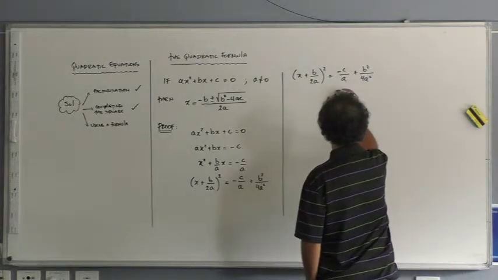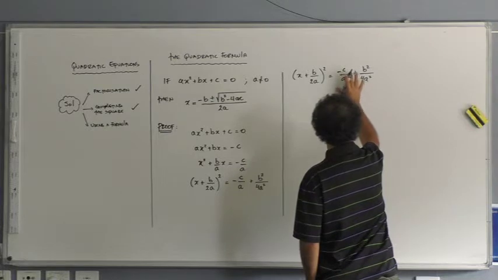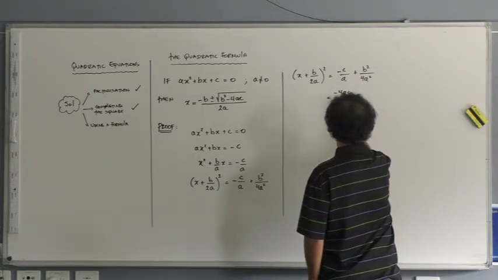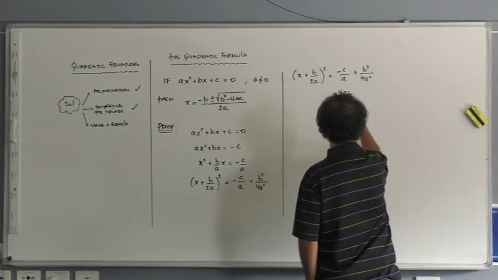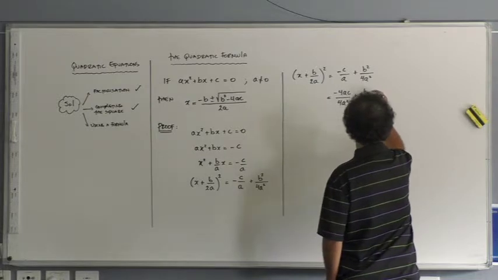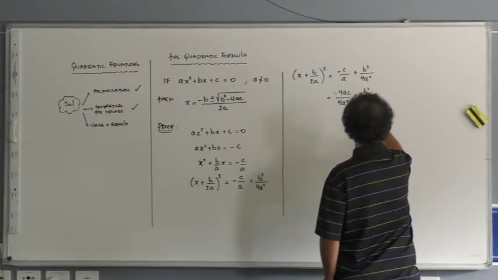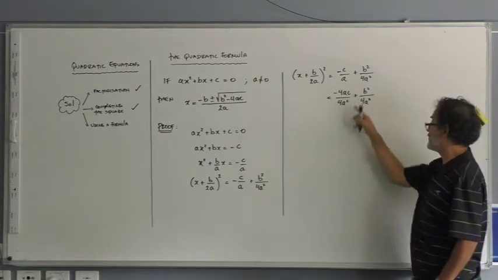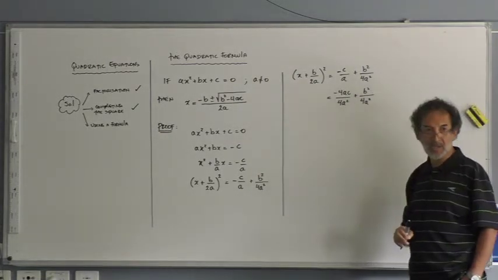So if you do that, then you're going to have negative 4ac divided by 4a squared, and then plus b squared over 4a squared. Now, can you see that we have the same denominator?